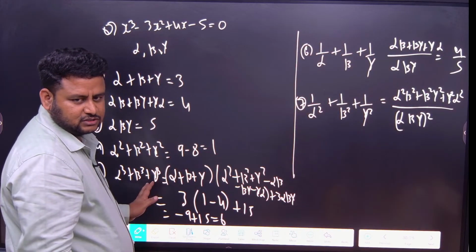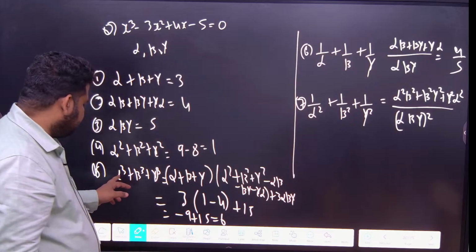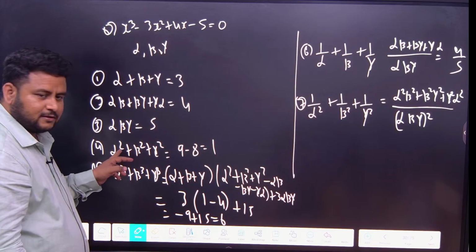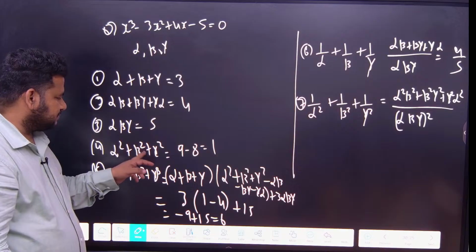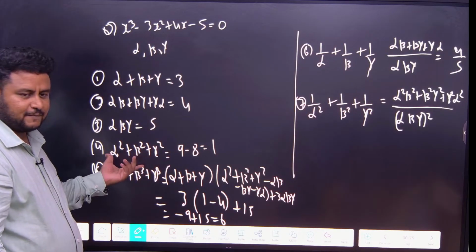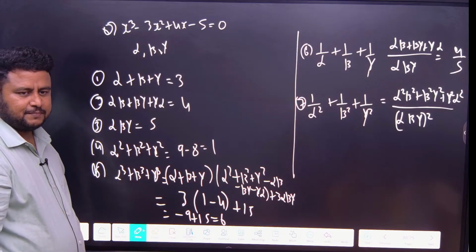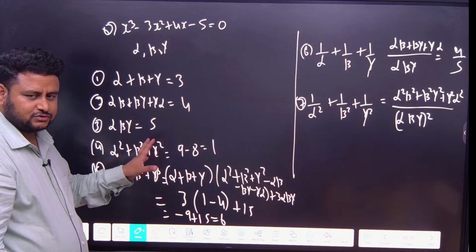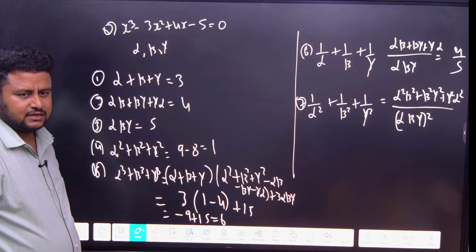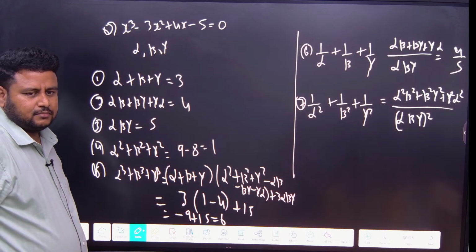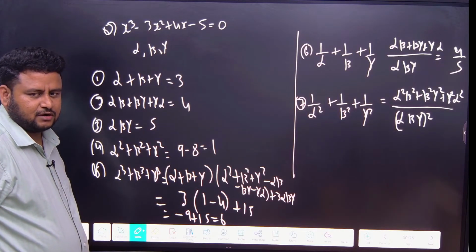Okay, do it by yourself. So this formula: alpha beta whole square plus beta gamma whole square plus gamma alpha whole square. That is nothing but equal to alpha beta plus beta gamma plus gamma alpha whole square minus 2 into the rest, and you can take it common and get the answer.